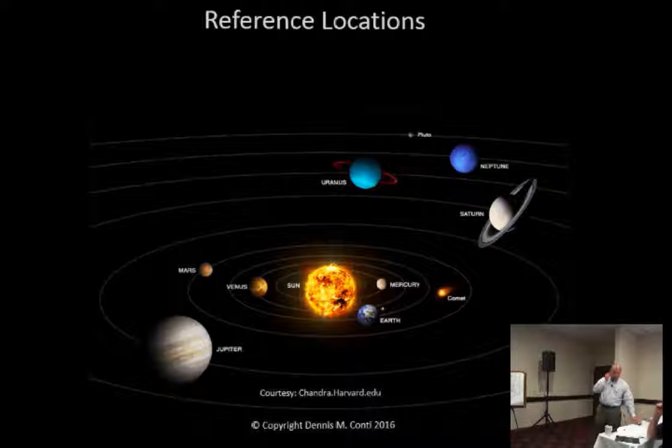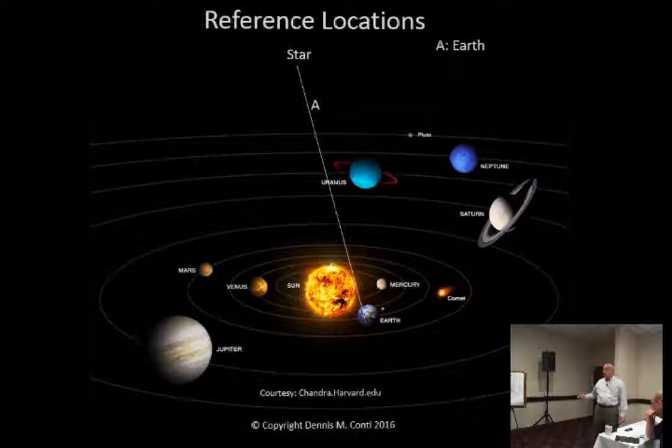Okay, so let's talk about reference locations with respect to time. If I have a star sitting out here and I'm trying to measure a transit, the beginning of a transit on Earth, I say, okay, there's the beginning of the transit.